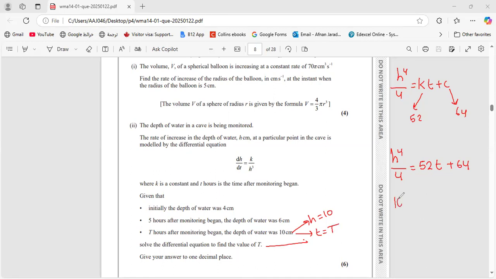Substitute here: 10 to the power of 4 over 4 equals 52 capital T plus 64.